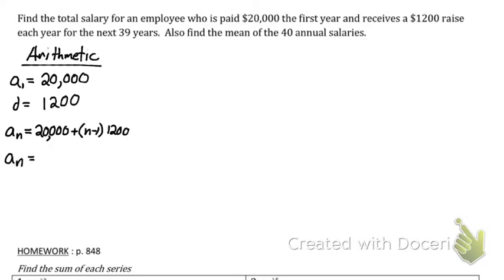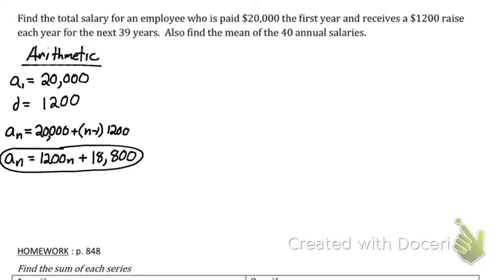So that's going to give me a sequence where a sub n equals 1,200n plus, 20,000 minus 1,200, 18,800. So that's important. That's our equation.